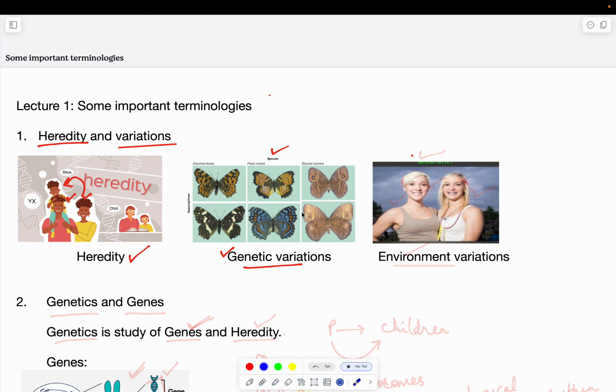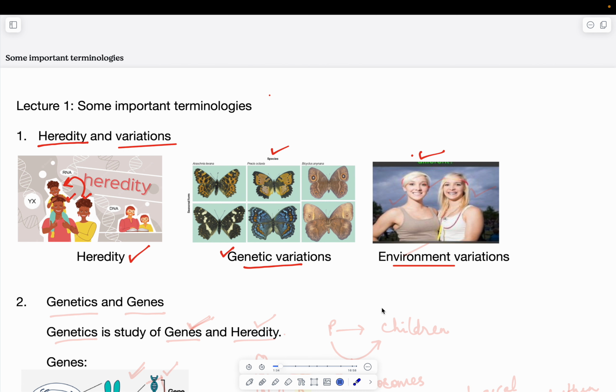If you look at this picture of twins, you know these are identical twins, so genetically they are similar. They have the same set of genes, but still they don't look similar to each other. So the differences among identical twins are environmental differences. These are known as environmental variations.